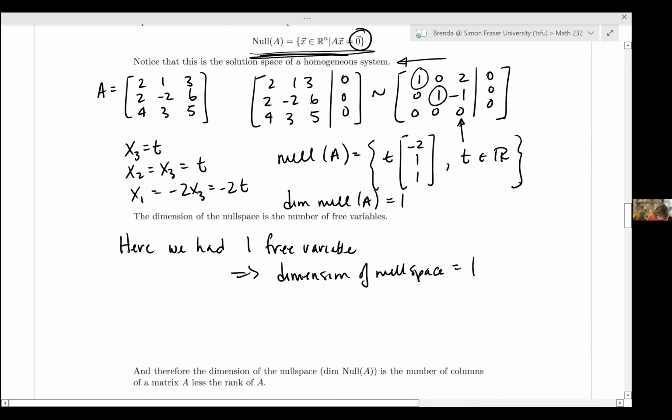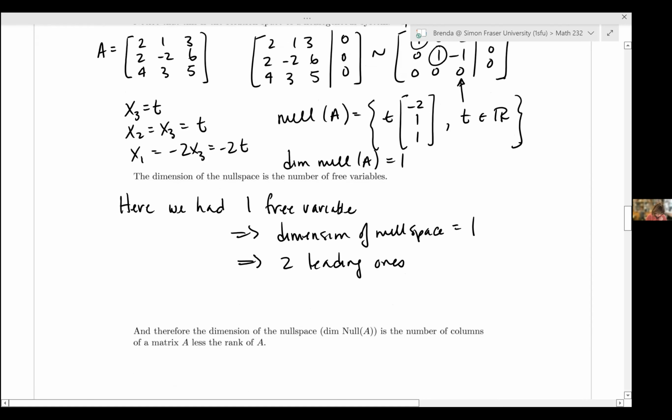Okay, because we had one free variable, we had two leading ones, because we have n columns. And we are saying here that the dimension of the null space is the number of free variables.